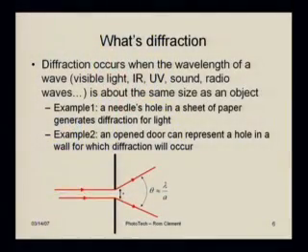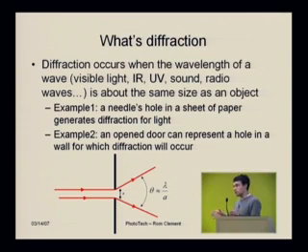So what's diffraction? Diffraction occurs when the wavelength of the wave, so it can be light, of course, infrared, ultraviolet, but any phenomenon which can be described as a wave, has about the same size as an object.